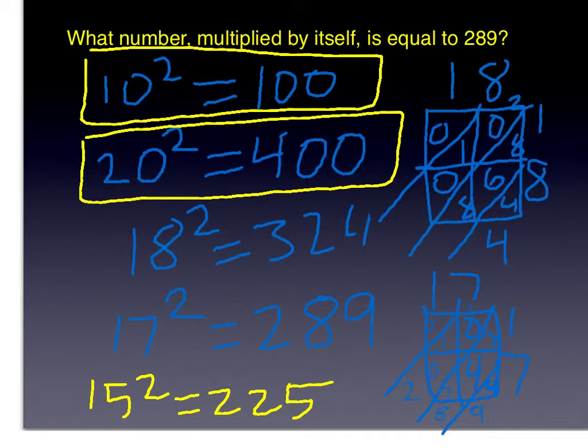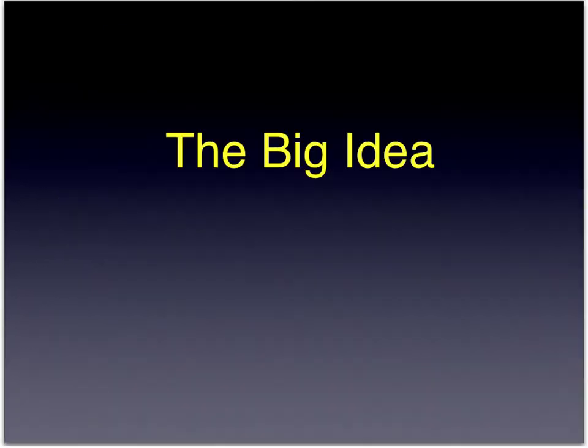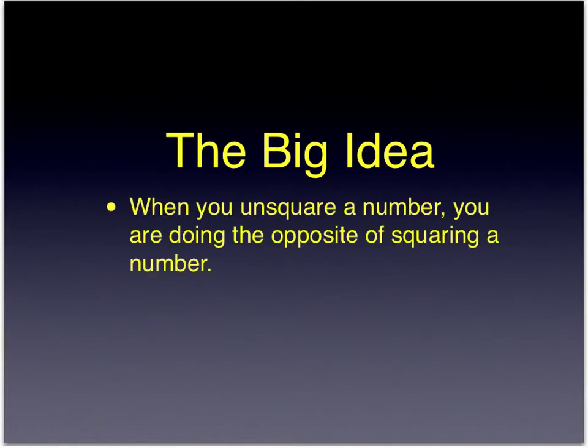And, all right. So what's my big idea, Mr. Shanto? When you unsquare a number, you're doing the opposite of squaring a number. Write this down. When you're unsquaring a number, you are doing the opposite of squaring a number. Okay?